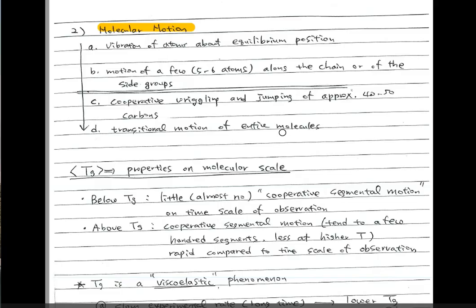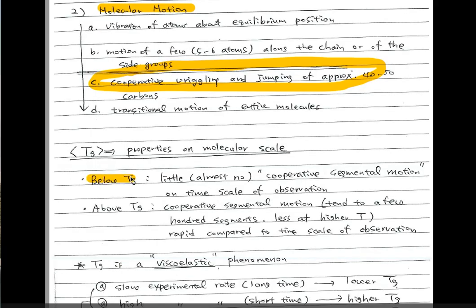And for the last tens of years, people have found out that glass transition is related to molecular motion, like cooperative molecular chain motions of tens of polymer chains. Which means that below Tg, there is basically little or no cooperative segmental polymer chain motion on the time scale of observation.